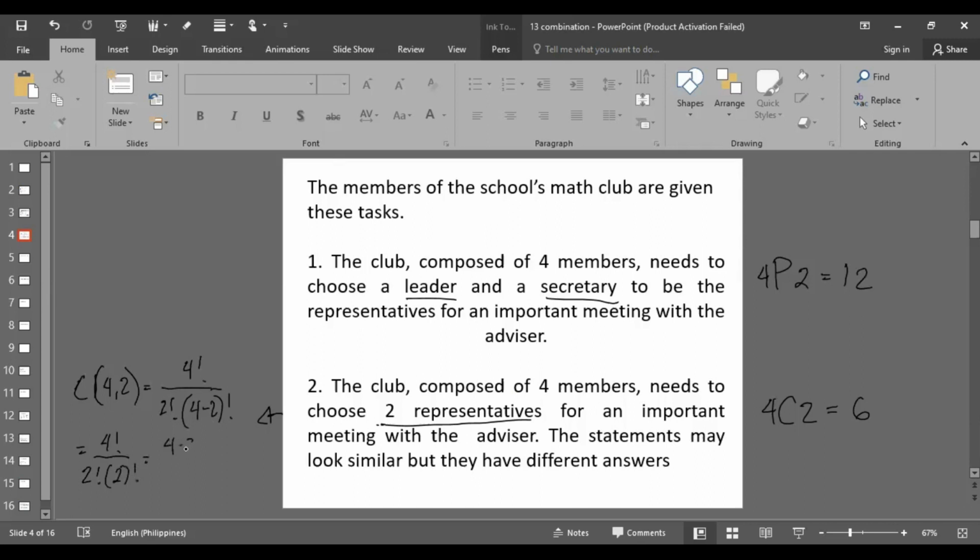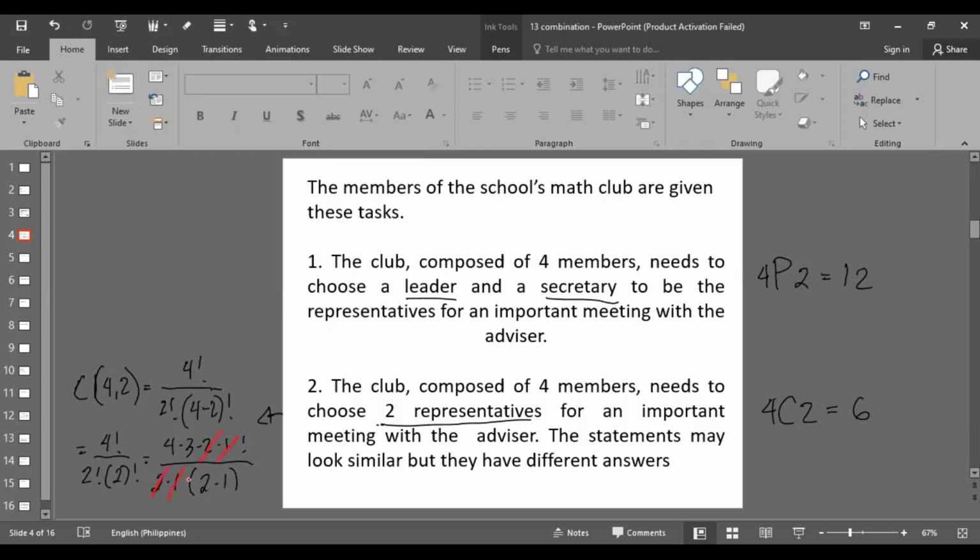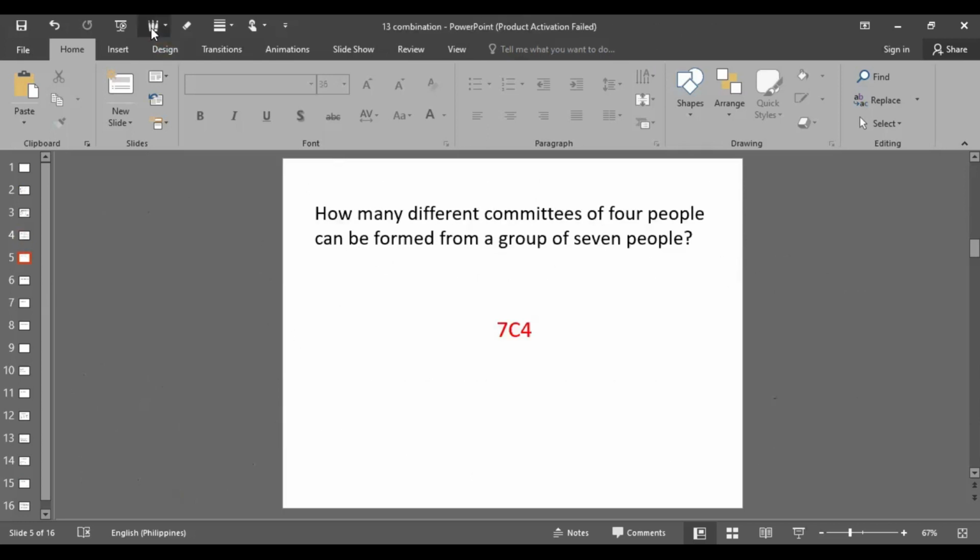So we have 4 times 3 times 2 times 1 over 2 factorial, which is equivalent to 2 times 1. Then another 2 factorial, we have 2 times 1 also. So cancel these 2. Simplify the numerator. Pardon me for using this space. 4 times 3, 12. 2 times 1 is 2. Therefore, we have 6. So, tama naman.